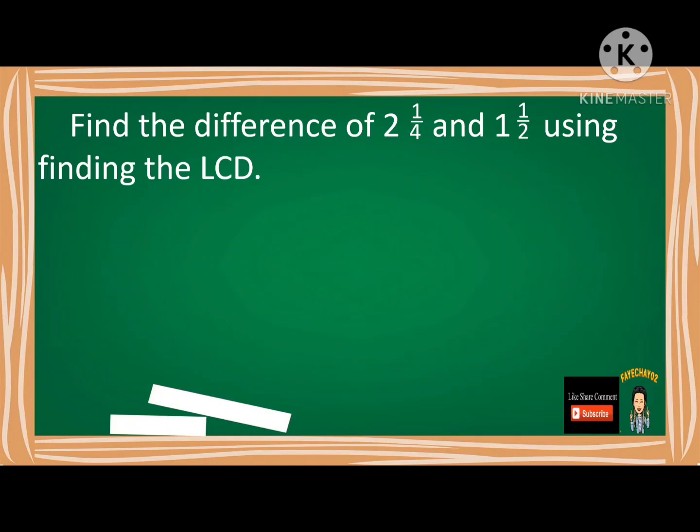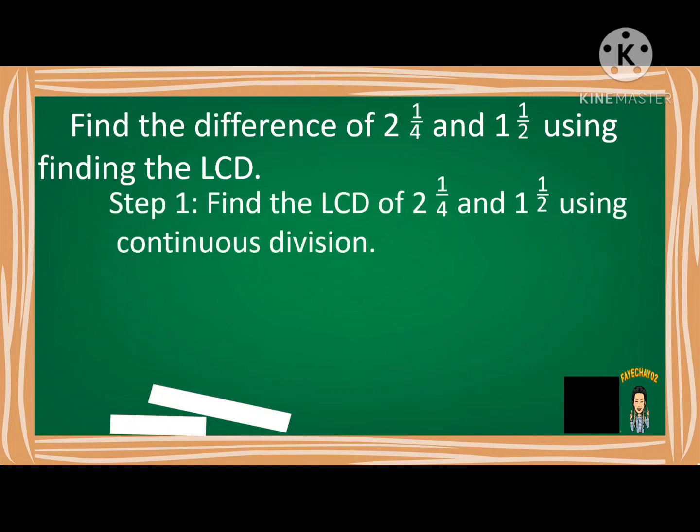Find the difference of 2 1/4 and 1 1/2 using the LCD. Step 1. Find the LCD of 2 1/4 and 1 1/2 using continuous division. Get the denominators of the two fractions. We have 4 and 2.